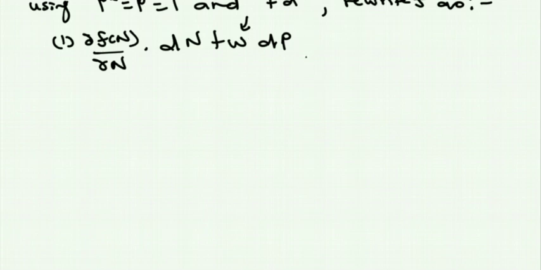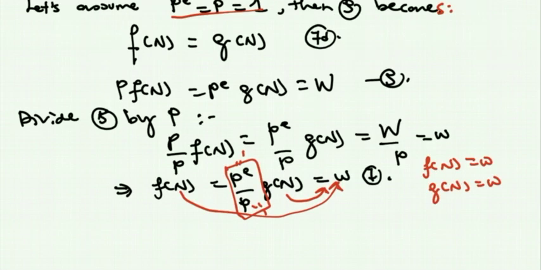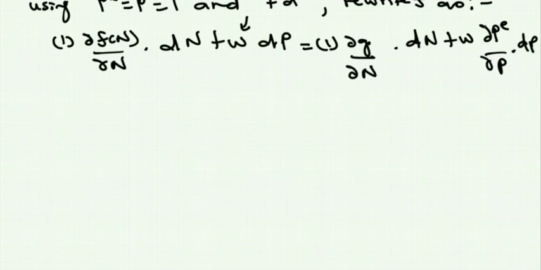I did mention to you just now, equals to 1 dt dn, sorry, delta g over delta n times dn plus w delta pe over delta p times dp. Okay, so here, that's it. Let's call this one 8.